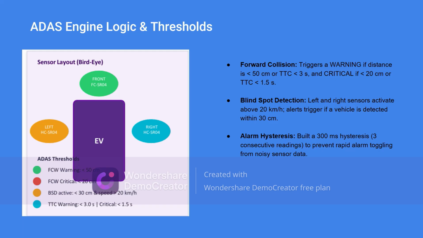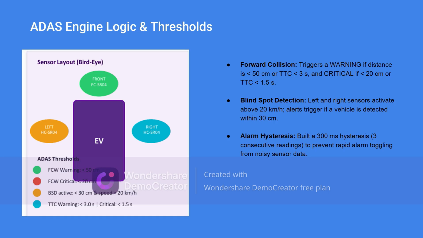This is the ADAS engine logic and threshold. Like we can see there is a vehicle, EV, and there are three HC-SR04 sensors: in front, and on both sides, right and left.